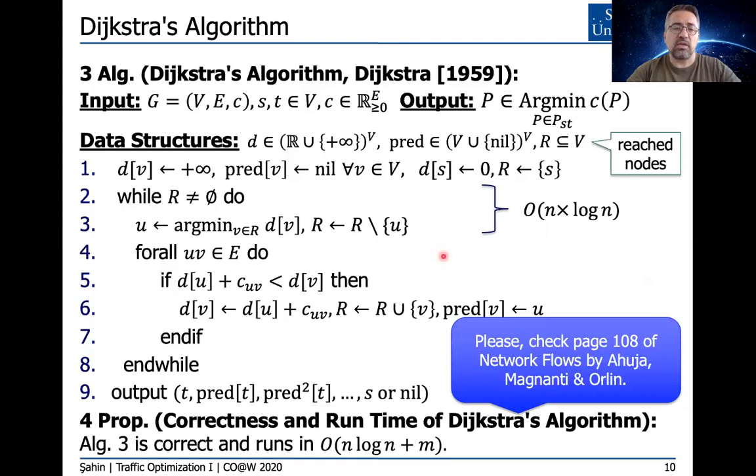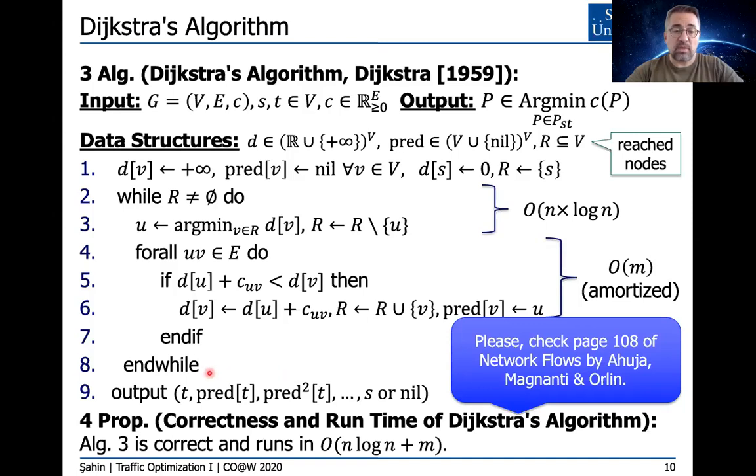Each time a node is selected, the arcs emanating from this node will be scanned. So an arc is scanned only once, or the distance label is updated with respect to an arc only once. So overall, the distance updates within this for loop will be conducted in order m time. So the overall complexity of the algorithm turns out to be order of n log n plus m.